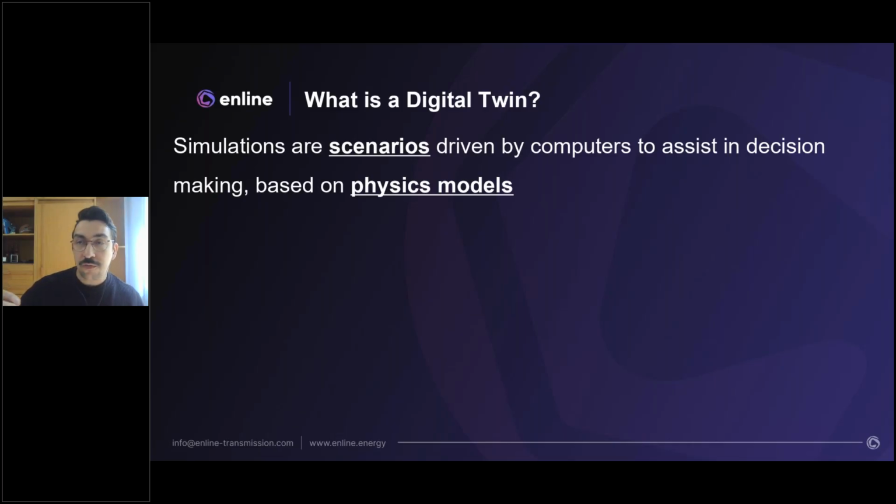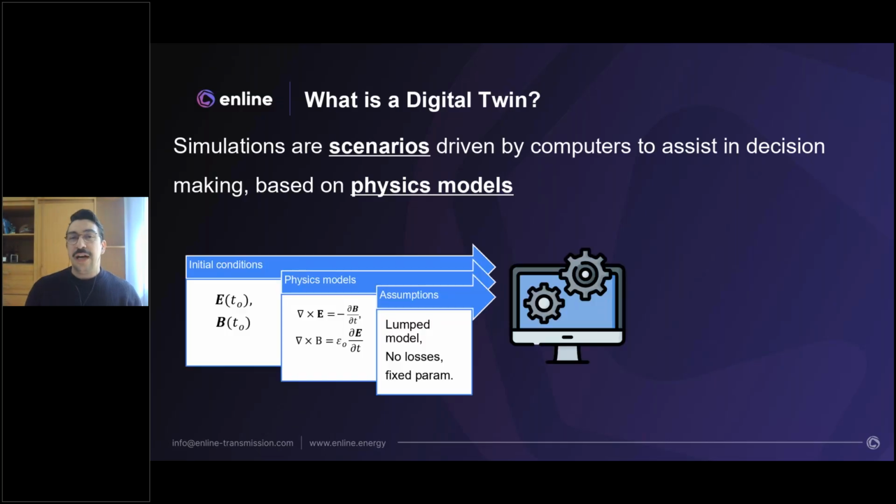And one of the main reasons in engineering to increase computing power is to drive more complex simulations. And why? Because engineering is a tool-driven science in which we rely on simulations in order to make some decision about designing a project or running a given construction, a given model.